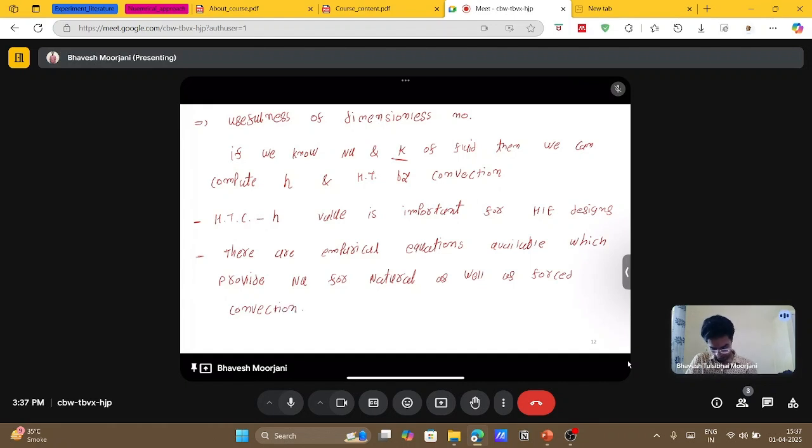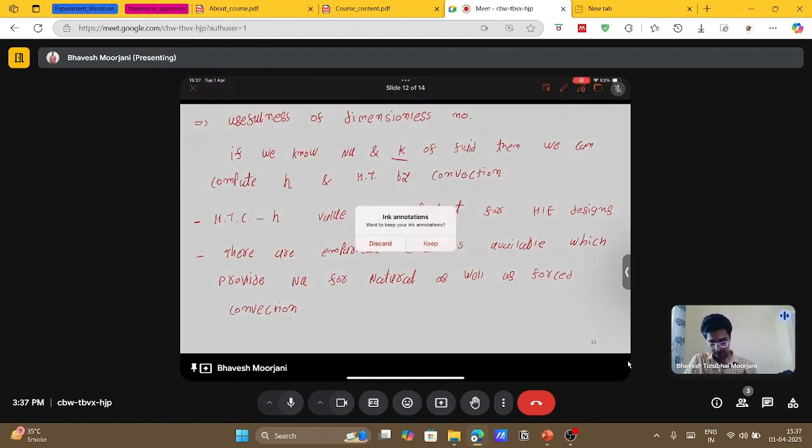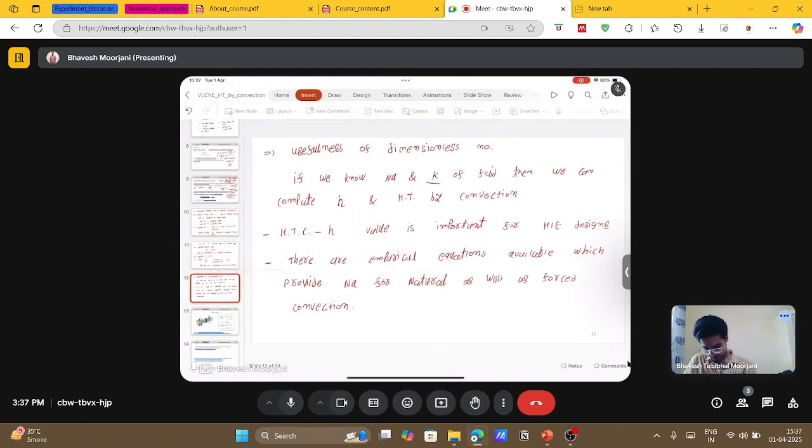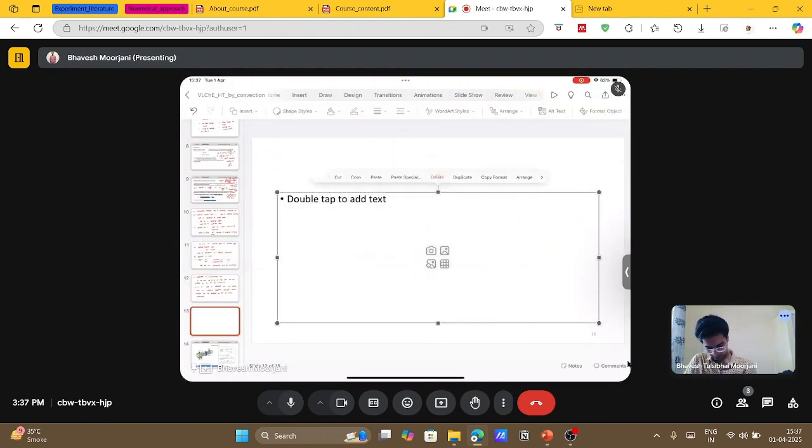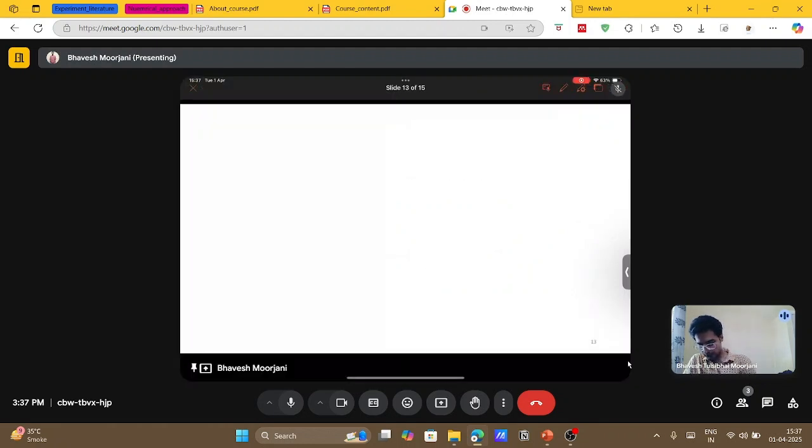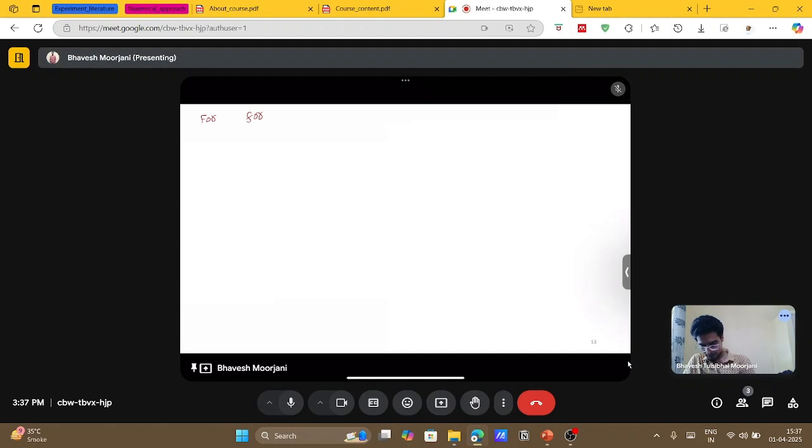Some of these equations you have already heard or seen in your heat transfer classes. For forced convection, one equation is the Dittus-Boelter equation, which relates the Nusselt number to your fluid flow condition, which is the Reynolds number, and the Prandtl number, right?